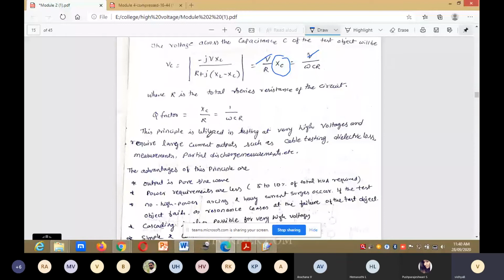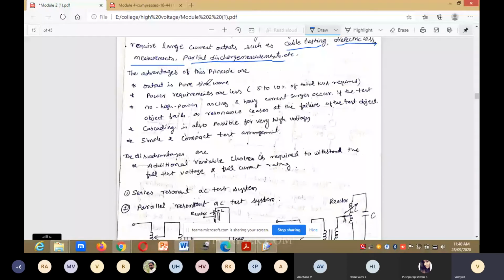The principle is utilized for testing at very high voltages that require large current outputs, such as cable testing, dielectric loss measurements, partial discharge measurements, etc. The advantages of this principle are that the output is a pure sine wave and the net power requirement is less, 5 to 10% of the total kVA required.